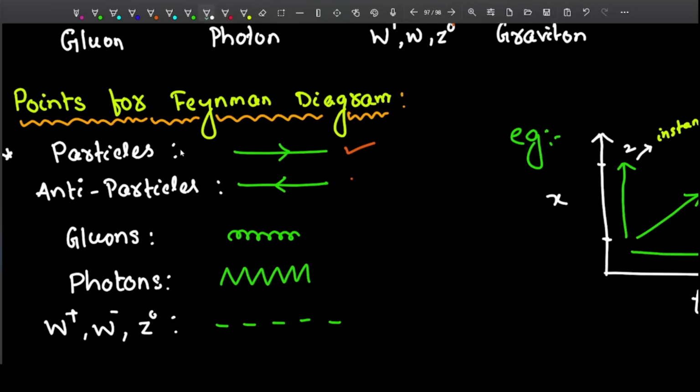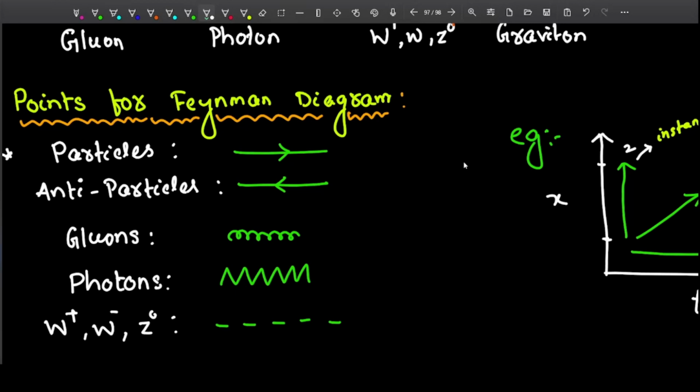As the equation may contain particles and antiparticles, we have to represent the particle and antiparticle by some arrows or shapes in the Feynman diagrams. The rule says that particles should be represented by a forward arrow, and the antiparticle by just a backward arrow.